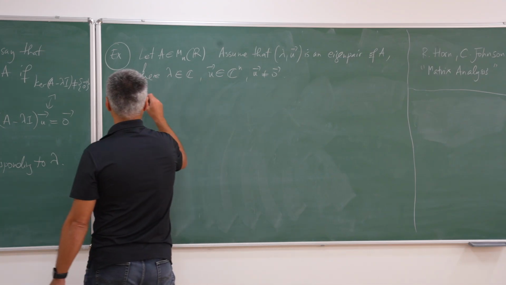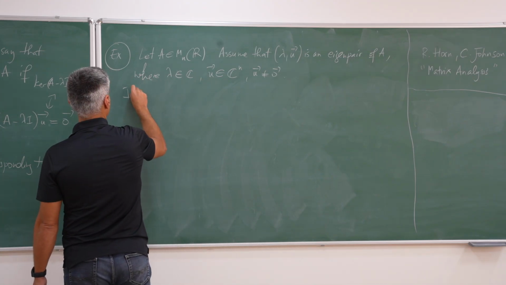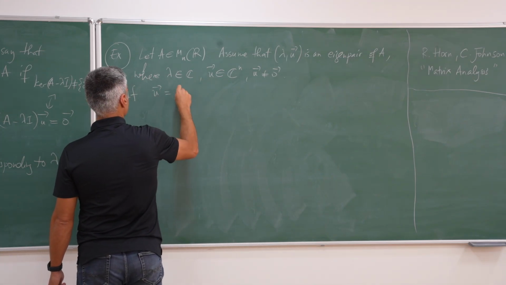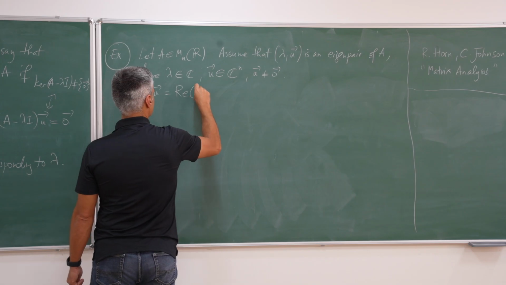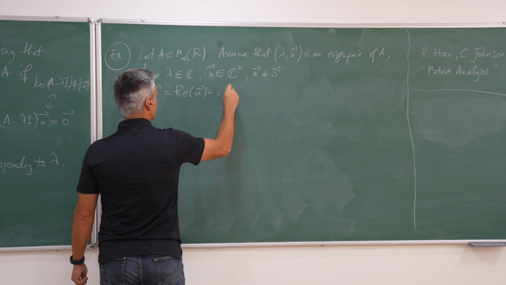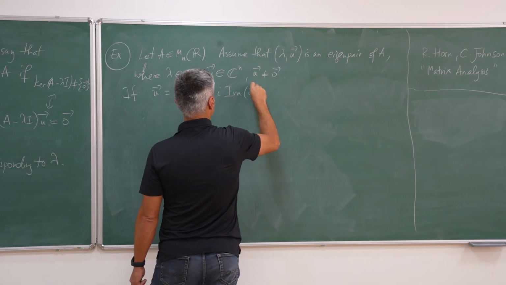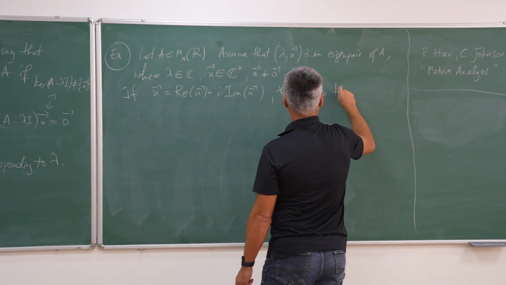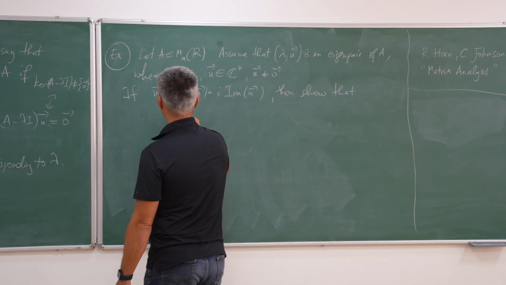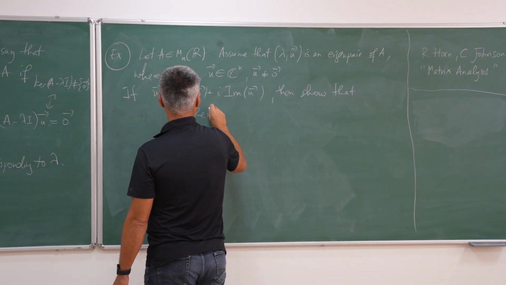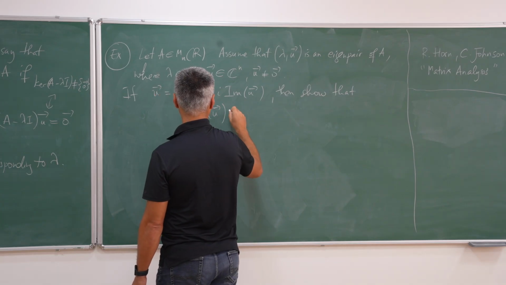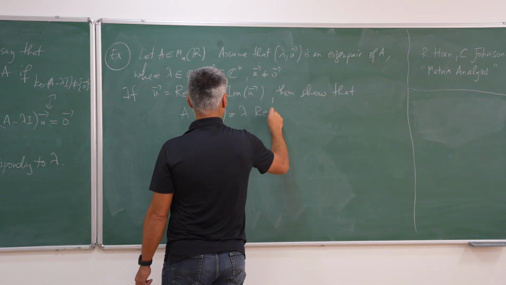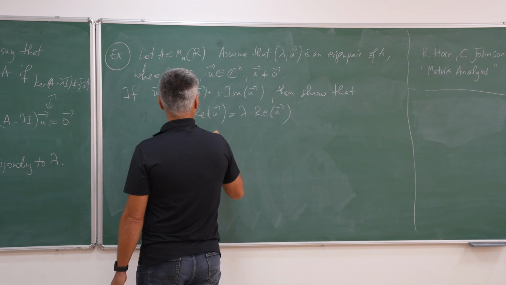So if u equals the real part of u plus i times the imaginary part of u, then show that A times the real part of u equals lambda times the real part of u.